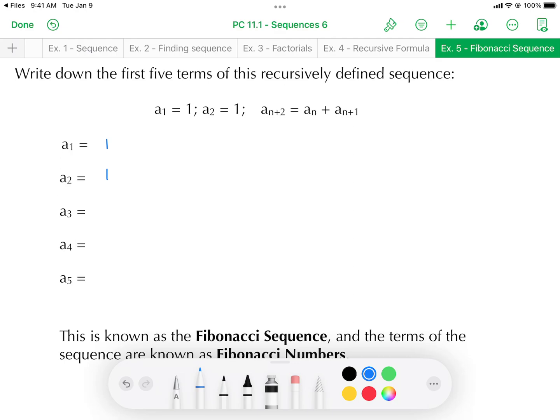All right, so if I want a sub 3, that means n is technically 1 here, right? 3 is equal to n plus 2. That means n is 1. So this equals a sub 1 plus a sub 2, which is 1 plus 1 or 2.